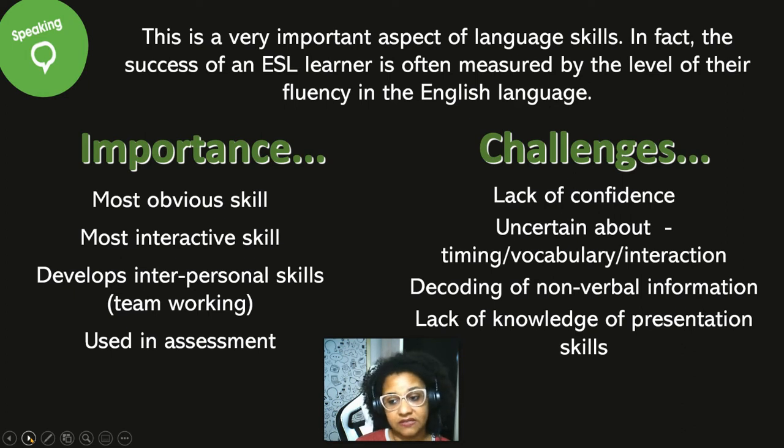Lack of confidence, uncertainty about timing, vocabulary, interaction, decoding of nonverbal information, lack of knowledge of presentation skills. Students may know structure and vocabulary, but they don't know the intonation, how to put that in a sentence, and to put it together in a paragraph. Can they read it? Can they not?